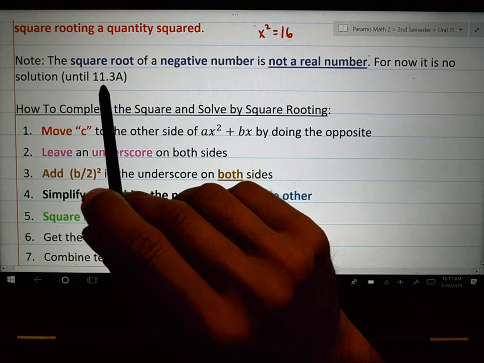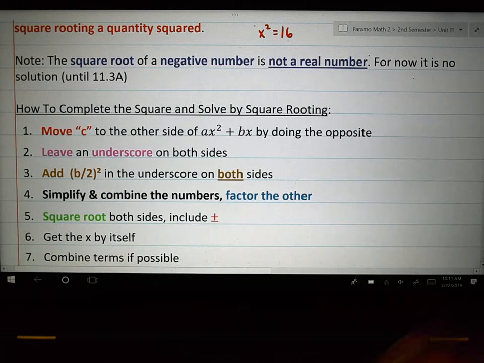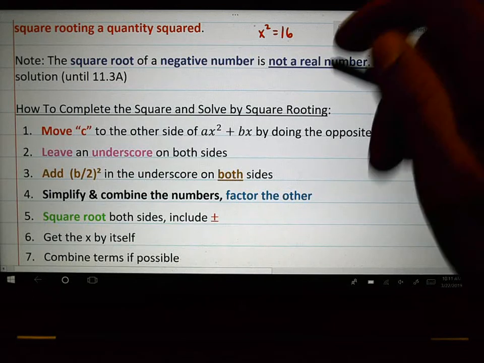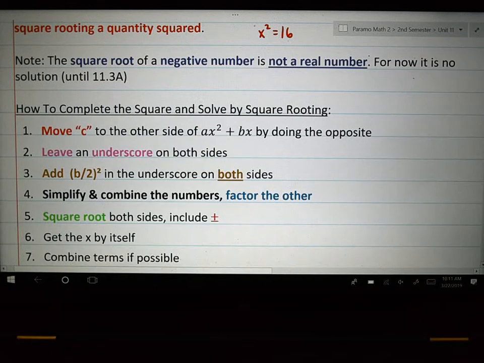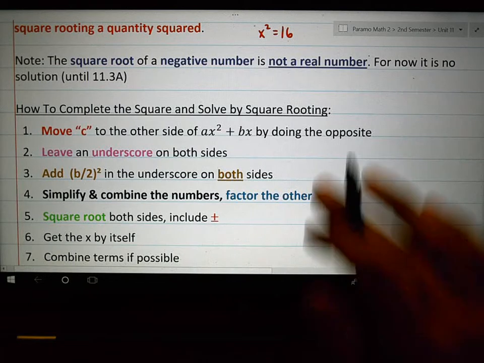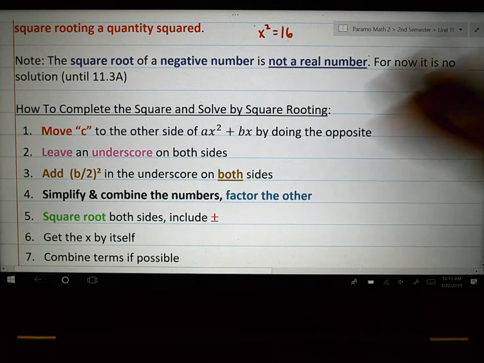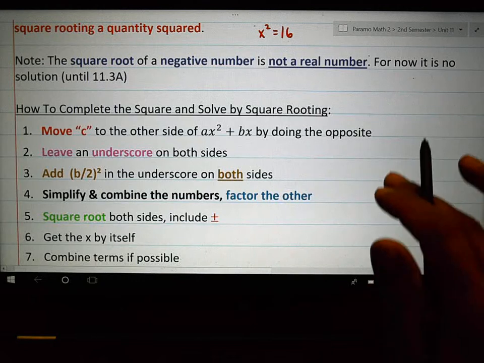When we get to 11.3a, we will be able to start solving problems like that. We just can't do it yet because I have to do a whole other section to explain what the opposite of a real number is. It has its own section. Okay? So that's to come. Let's say that we're just foreshadowing that just a little bit.